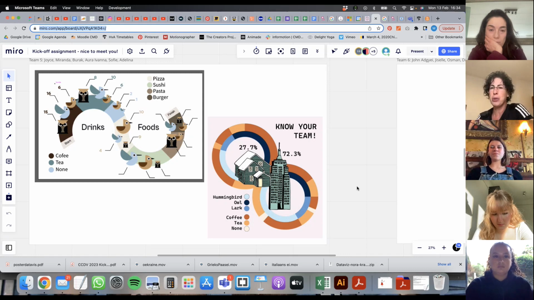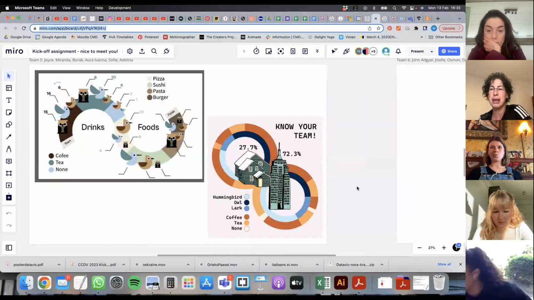I would love to see a summary, like people who are burger people are mostly owls or something like this, even in one sentence. Also, the city is really cute, and the way that you chose to do two game boards, we just need the cubes and play. So thank you so much. The colors are fantastic, by the way.